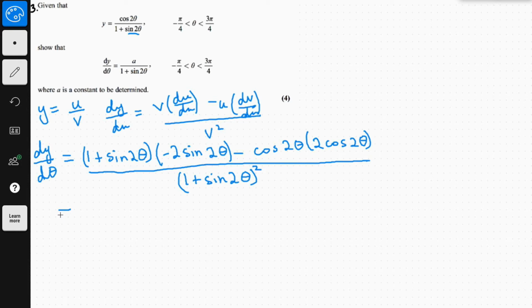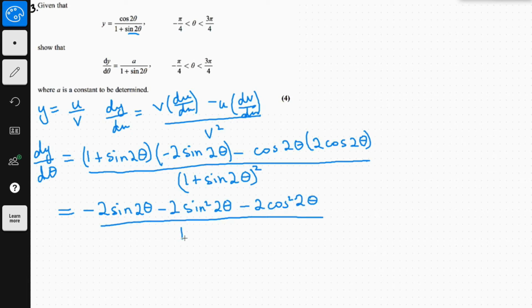Now expanding the brackets of the numerator, we get negative 2 sine 2 theta, minus 2 sine squared 2 theta, minus 2 cos squared 2 theta, divided by 1 plus sine 2 theta whole squared.